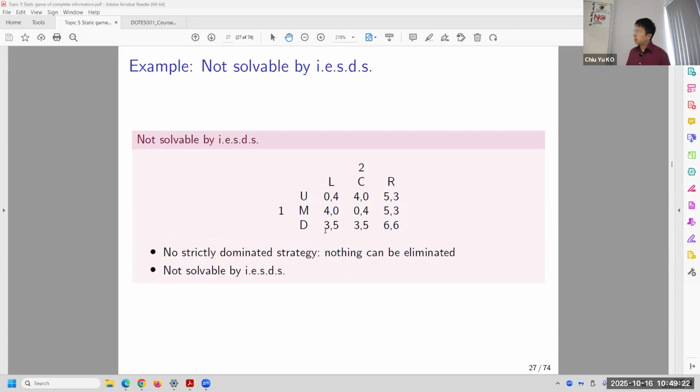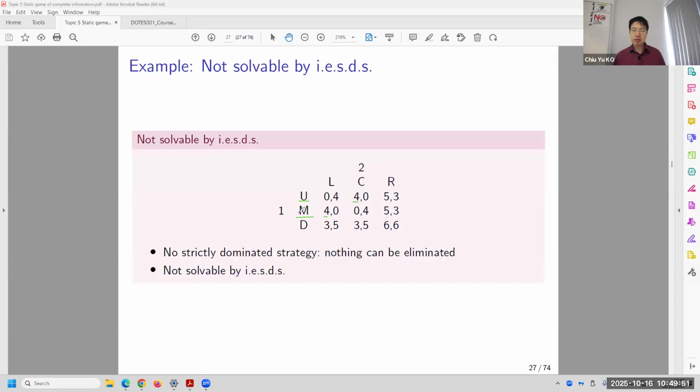And if you look at this example, nothing can be done. There's no strategy that strictly dominates the other, right? So look at this example. Suppose you compare U and M. Is there any case that U is always better? No, right? Because U is still better when C is chosen, and M is better when L is chosen.